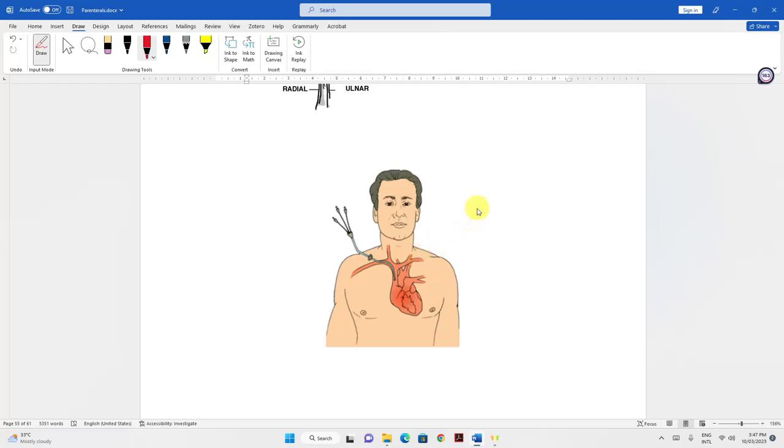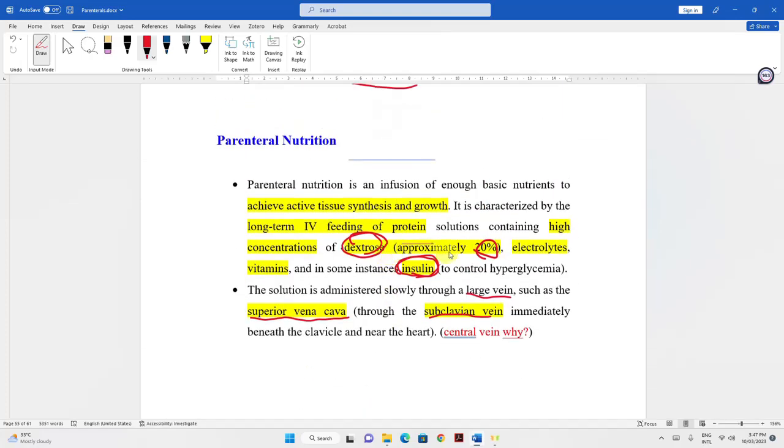Why can't we do that in a small vein? We will have trouble. When you do it in a large vein, there will be a lot of blood and it will mix quickly with the 20% dextrose and other materials. And these materials have high concentration. Remember tonicity.